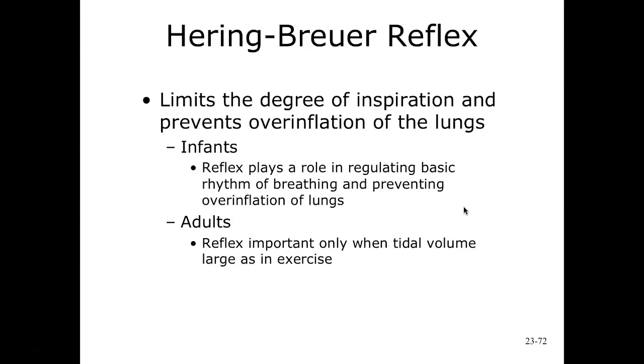So in infants, this is really important because it regulates their regular breathing rhythm to prevent overinflation of our lungs. But as an adult, we kind of already know how to regulate that, and instead it's more important when we are regulating the tidal volume, or that normal breathing that we have during exercise.